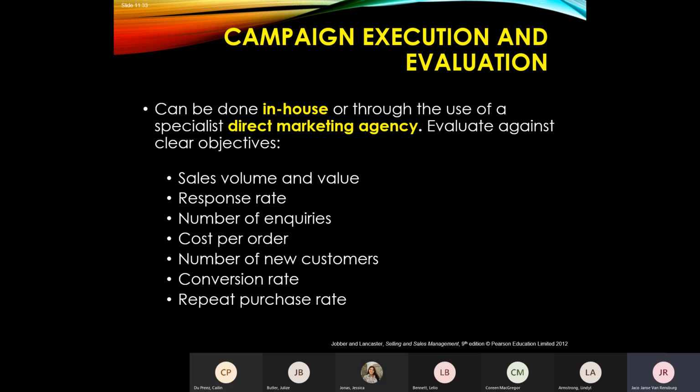We started off the session today, and I said that we are obviously still busy with our steps of managing our direct marketing campaign.